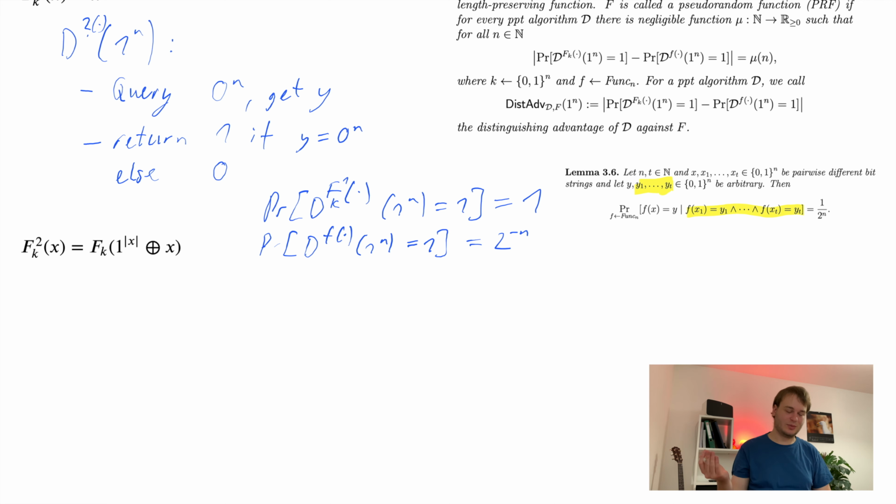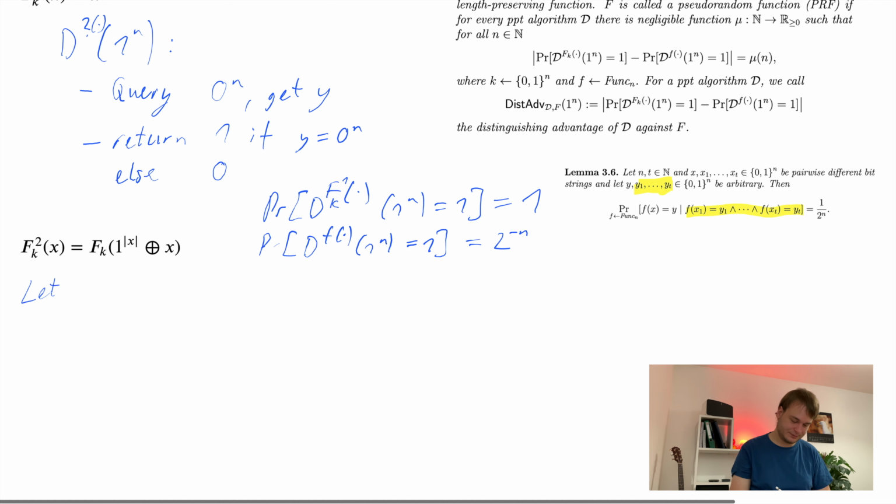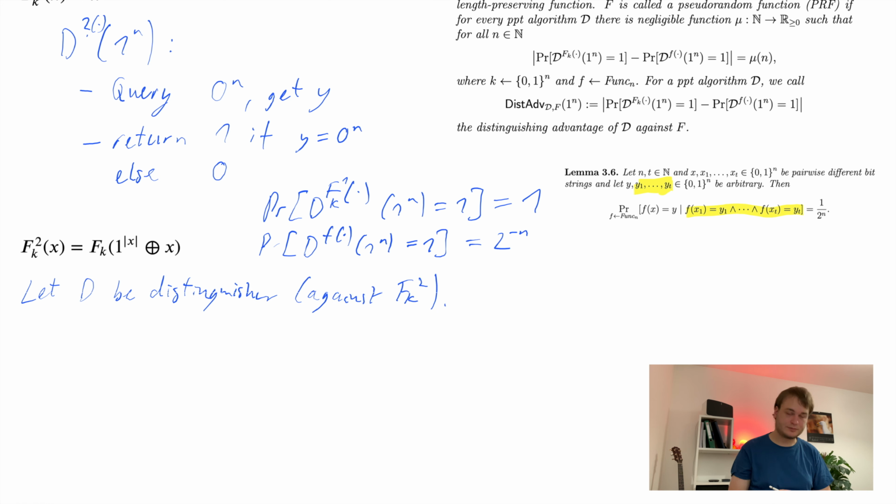We start with the standard boilerplate stuff. So let D be a distinguisher against fk2. Then from this, we construct a distinguisher against fk. What does D prime do? So this new distinguisher that we're constructing.